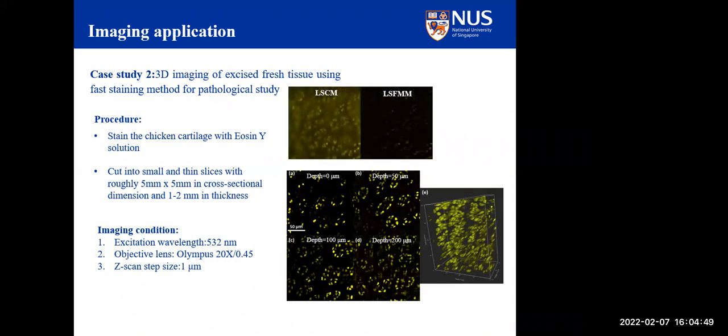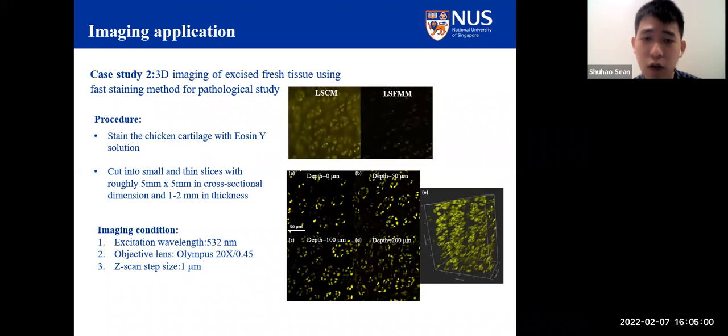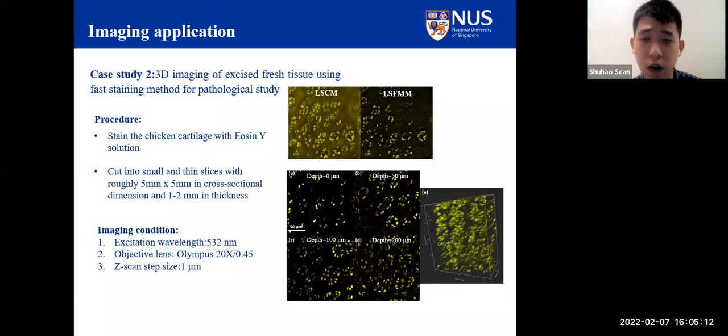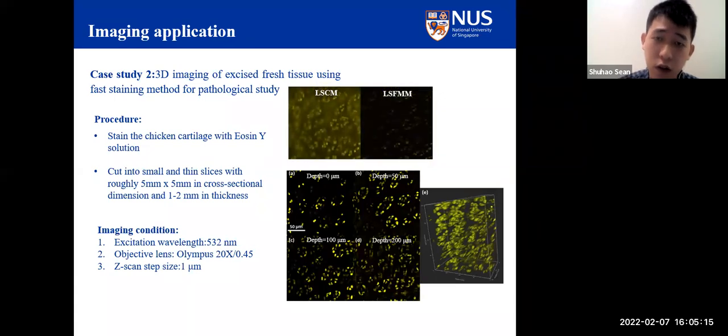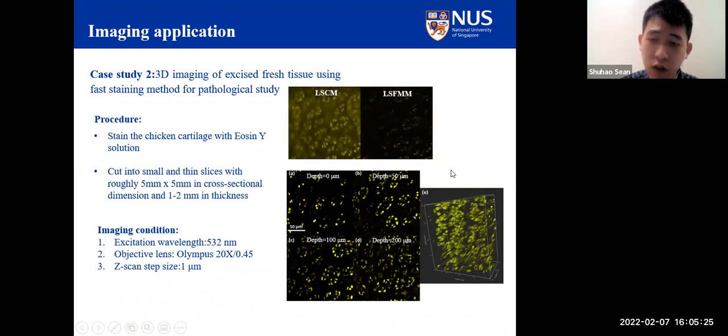If it is a skin tissue, the scattering will be very high, so the imaging depth may not be very large, maybe within 100 to 200 microns. But if the tissue is not that scattering, using our technique we can go up to 500, 600 microns in thickness. To be honest, for this chicken cartilage tissue, we didn't do the clearing, and we can also image up to 200 microns in thickness.